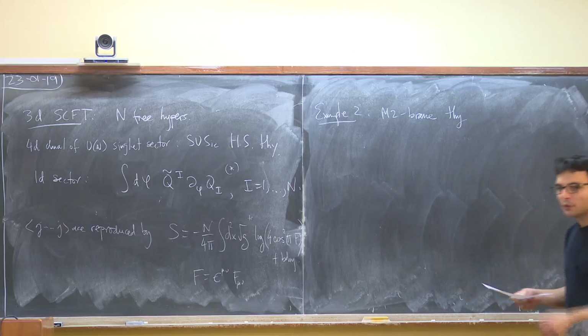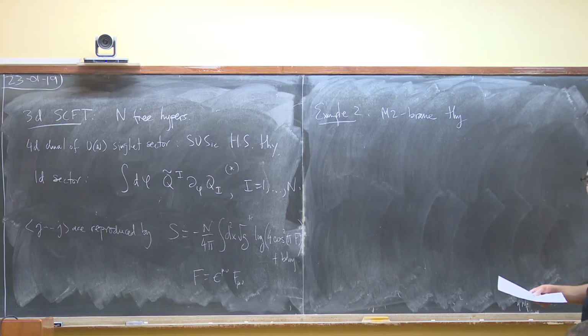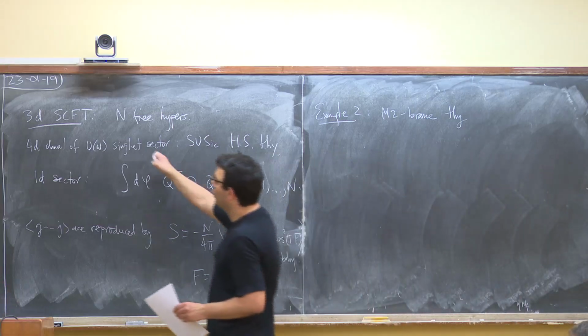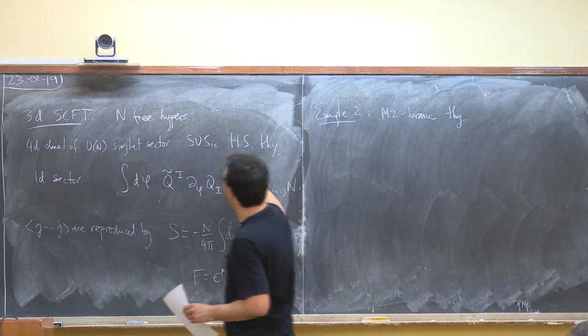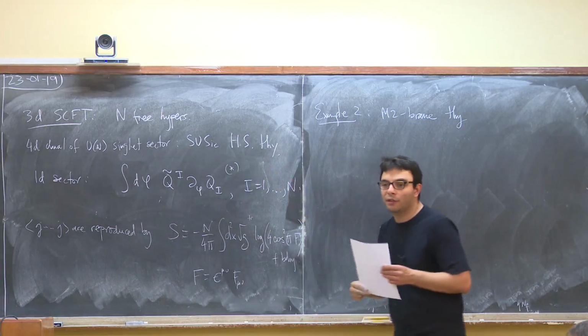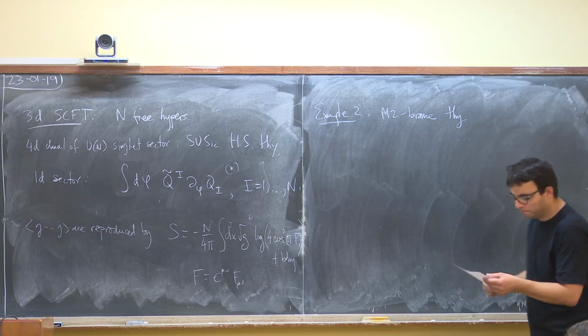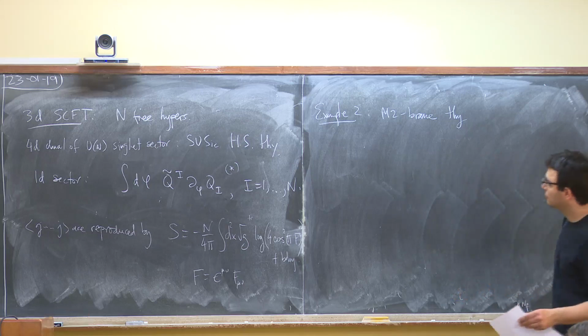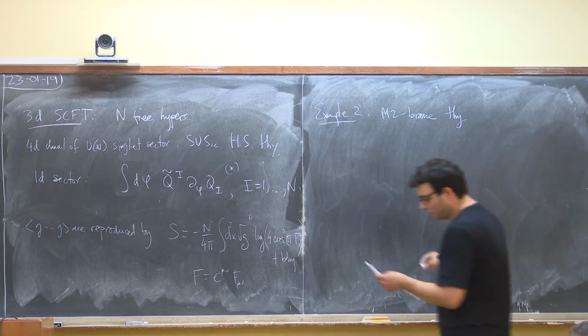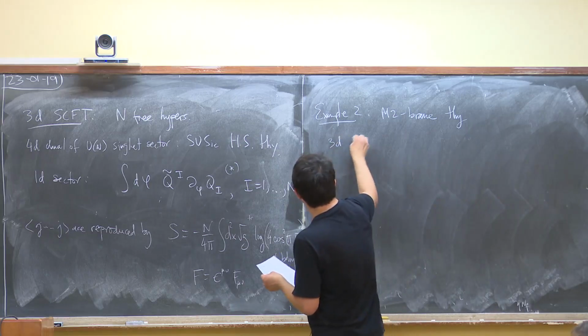Vasiliev theory, because this was a U(N) gauge theory with some fundamentals. No, this is a free field theory, and the U(N) singlet sector is described by a supersymmetric version of Vasiliev theory. If you want to gauge it on the boundary, you need to gauge it with Chern-Simons, and that he explicitly does. But here, the coupling constant doesn't really play any role, right?